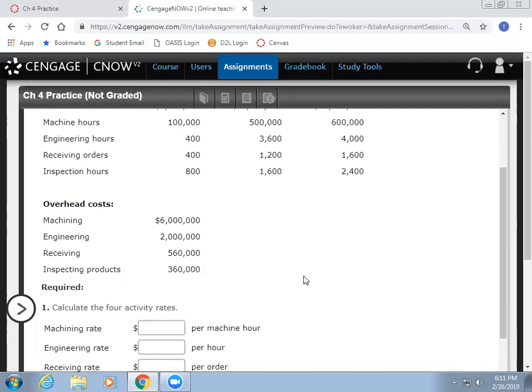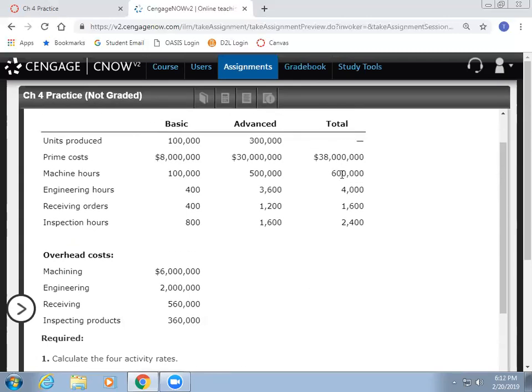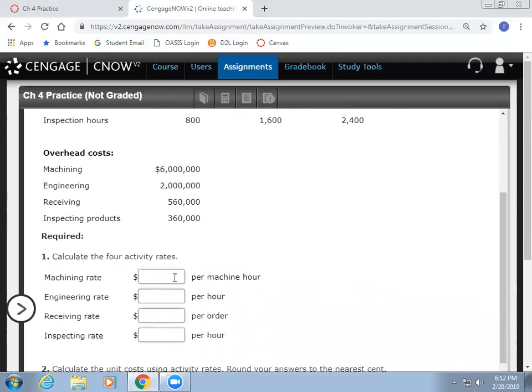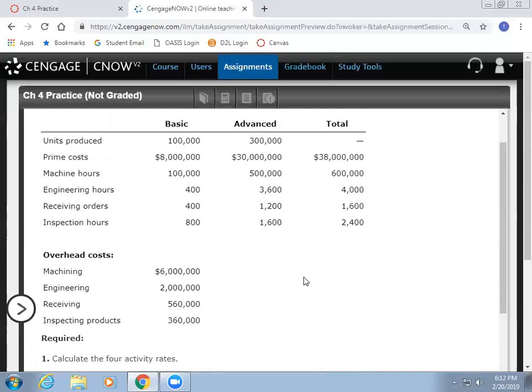So again, for the first one, the activity rates, machining, should be what? 6 million divided by 600,000. So we're taking total overhead divided by total machine hours. So what's my activity rate for machining? 10. Very good. So machining costs $10 per machine hour for overhead only. Engineering, we take what? 2 million divided by 4,000.